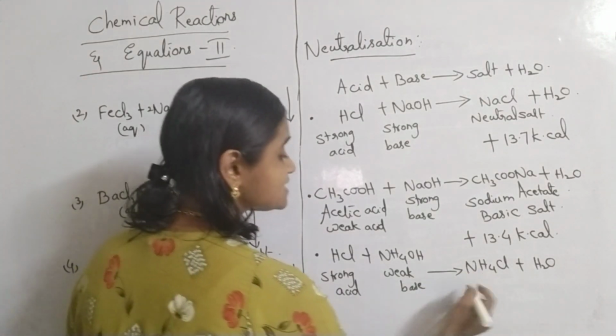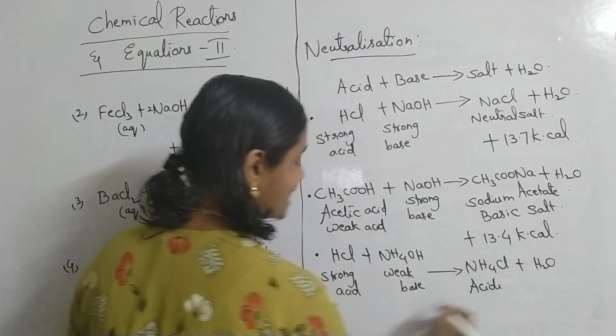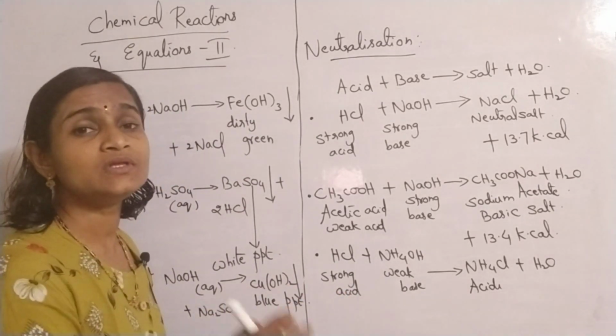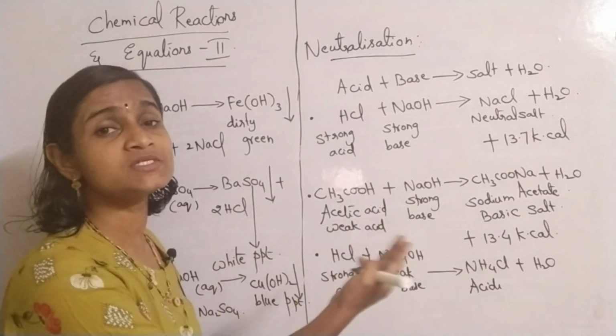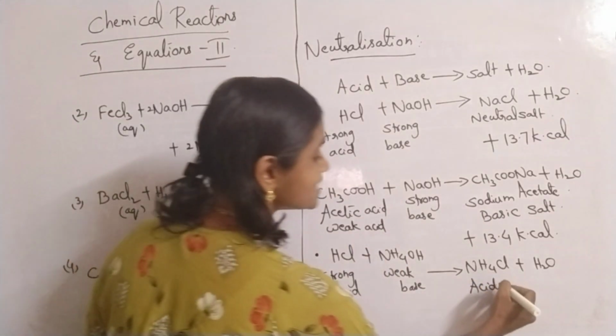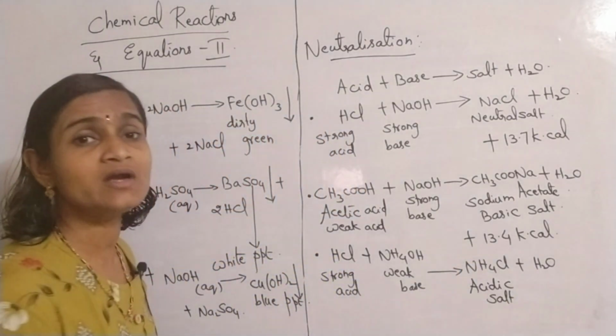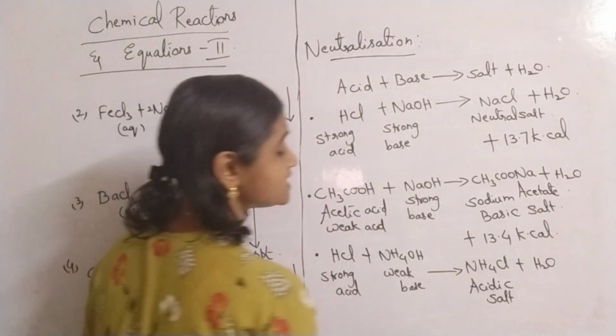Acidic salt. Because the acid taken is strong and the base taken is weak, the so formed salt is considered to be acidic salt. Ammonium chloride is an acidic salt.